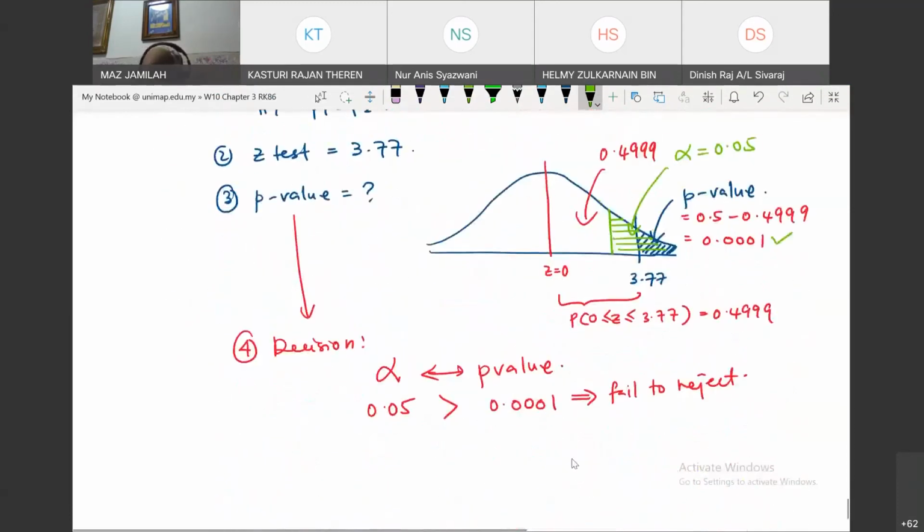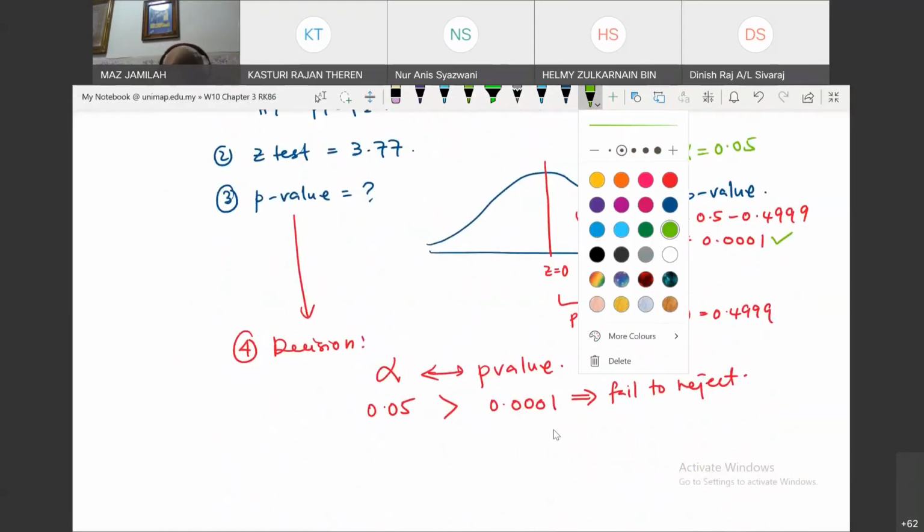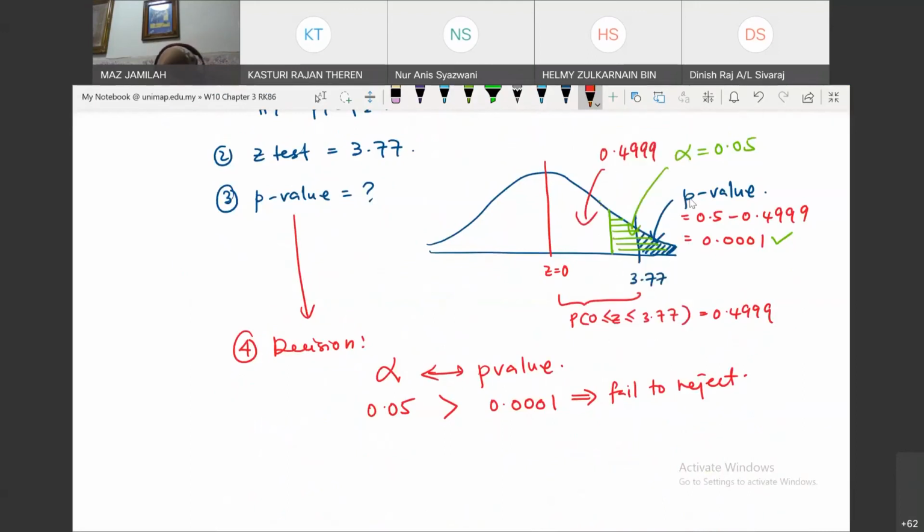Yes, we reject the null hypothesis. I'm really sorry. Reject the null since alpha is larger than the p-value, because obviously it falls in the rejection region. So the conclusion is the same as above.